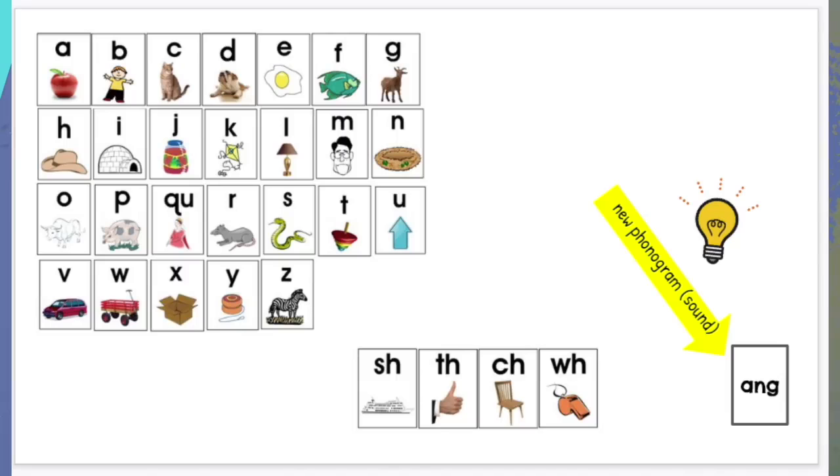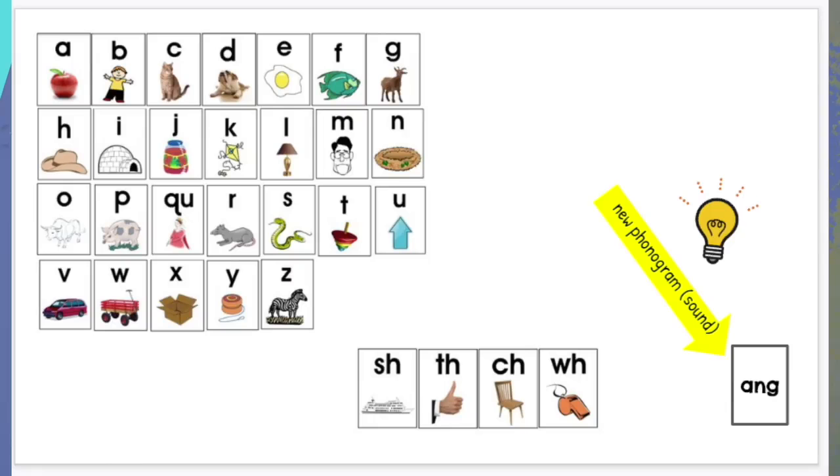So these digraphs again, guys, that's when we have 2 letters that are working together to say one sound. Okay, sh like ship, th like thumb, or th like this. And that digraph is the one that I want to see your tongue.